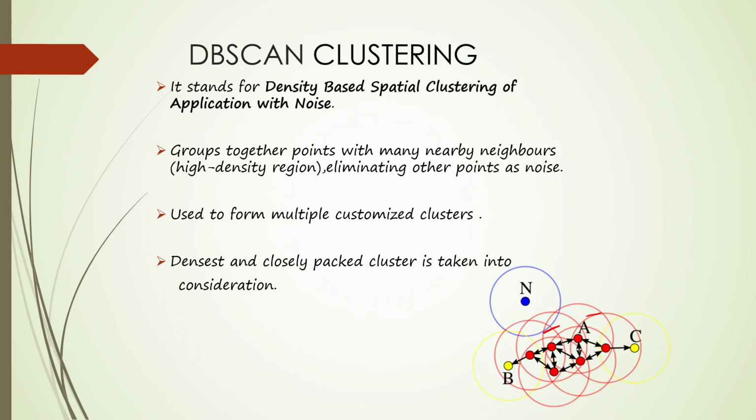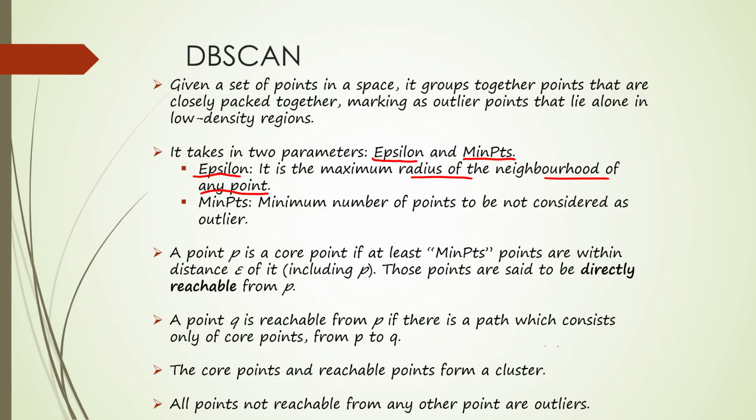These arrows are indicative of this point Q being reachable from point P if there is a path which consists only of core points from P to Q. The core points and reachable points form a nice form of cluster.